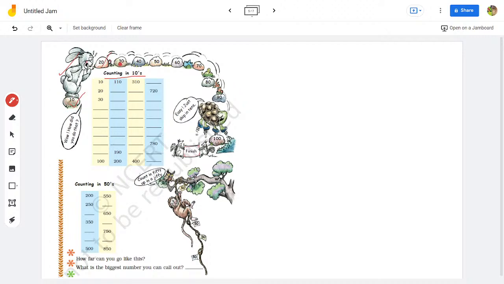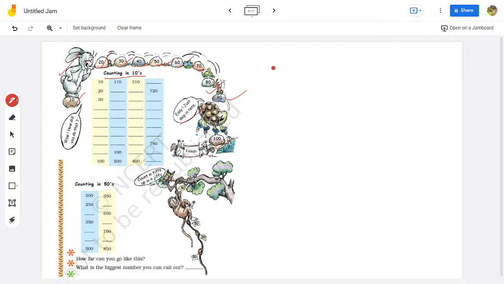He gets on 20, then 30, then 40, 50, 60, 70, 80, 90, and at last he reaches 100. Oh, Mr. Rabbit is sitting on 10 only. Sorry, Mr. Tortoise has reached 100. That is finish. Easy, just skip in tens. Mr. Tortoise is telling us it's so easy. We have to just skip in tens and we have got to 100.